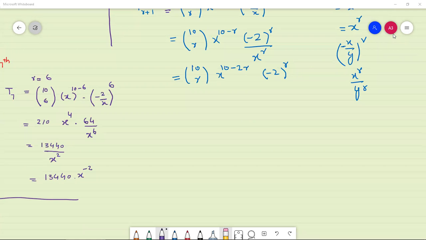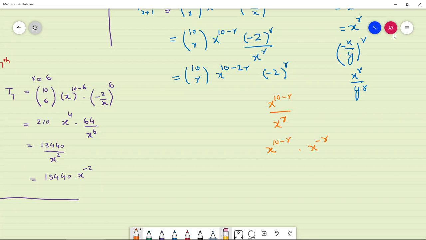Okay. Because I wrote it directly, maybe that is the reason you got confused. This was actually x power 10 minus r, while in the denominator we have x power r. When I shift x power r to the numerator, it becomes x power minus r.